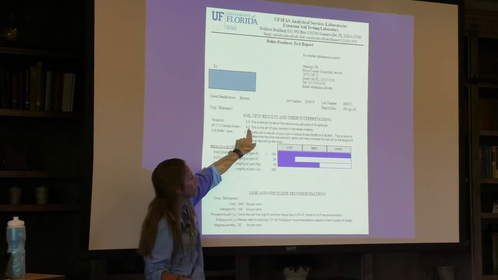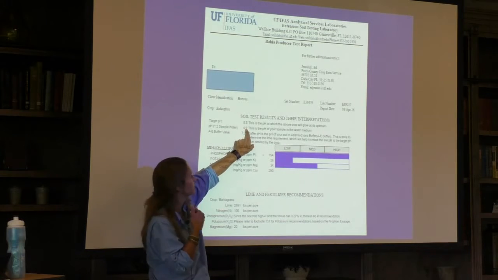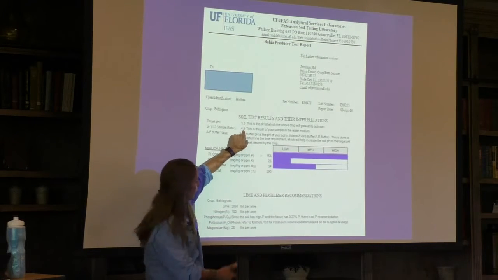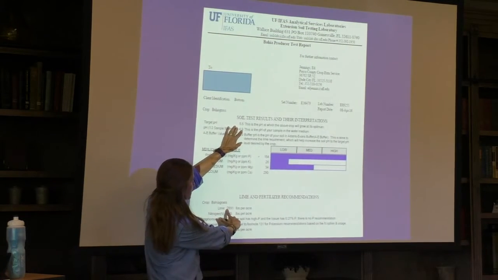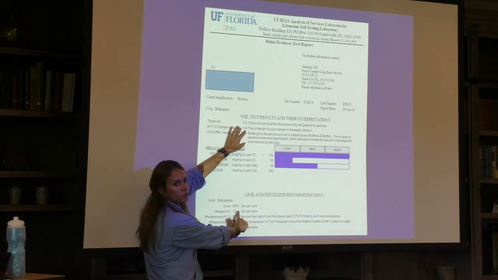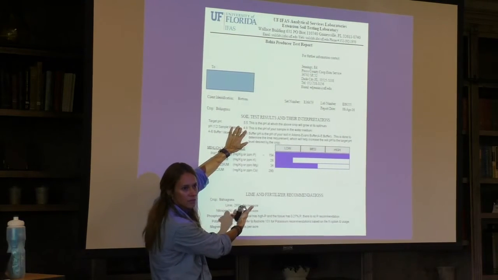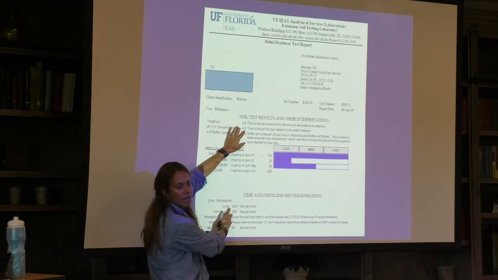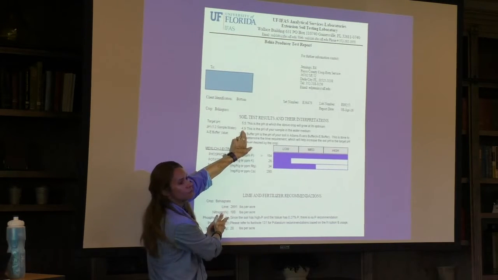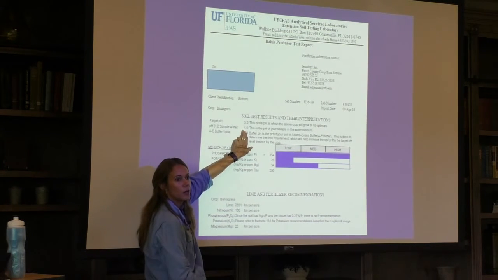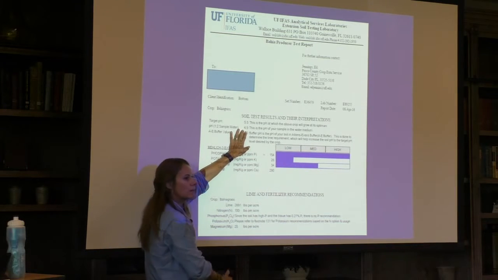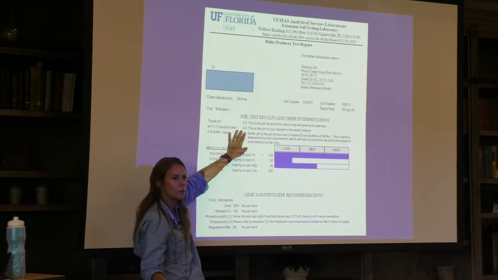So you might have a soil that has a pH of 4.5, and you see the recommendation for lime here is 2,800 pounds, almost 3,000 pounds of lime per acre. But you may have a soil that has a pH of 4.5, and the recommendation might be half of that, might be 1,500. Why is that?